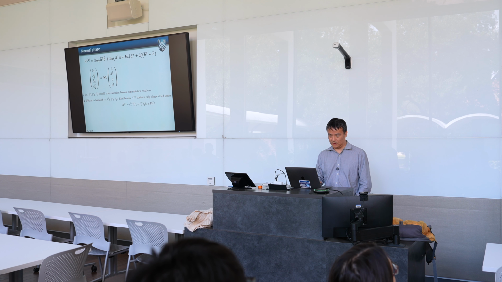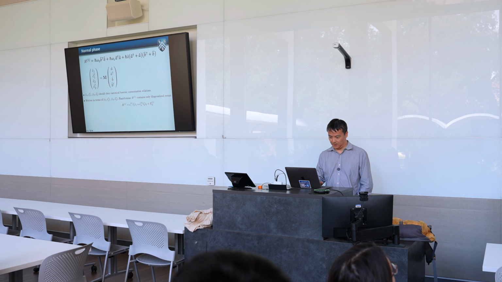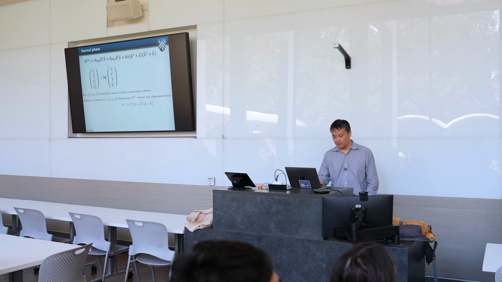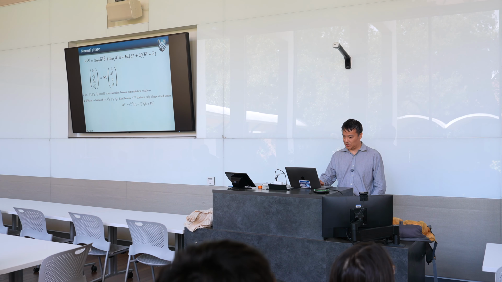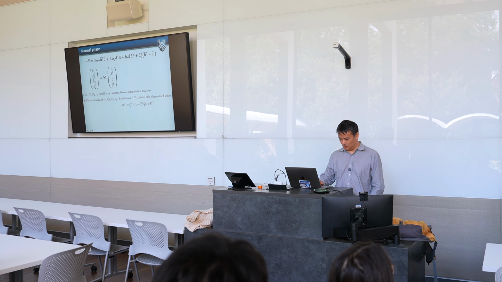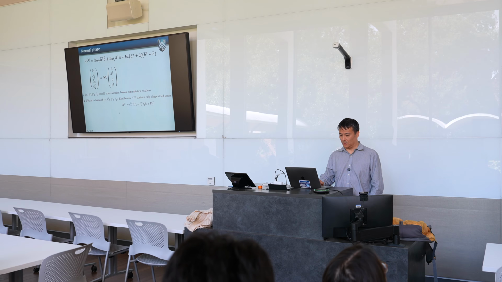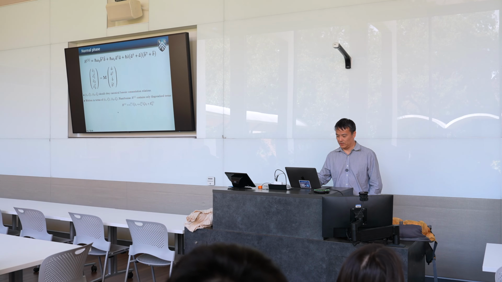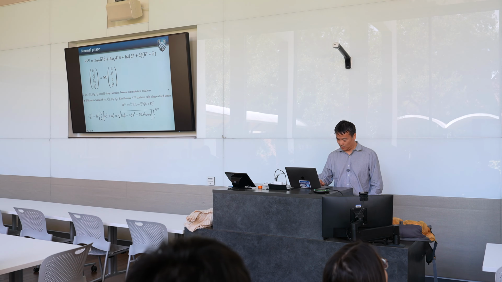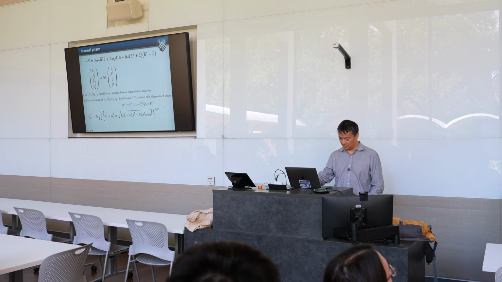And this will help you determine what this linear transformation should look like. And from this, we can find the excitation energies, E minus and E plus. There are two branches. And there are analytic expressions for these.